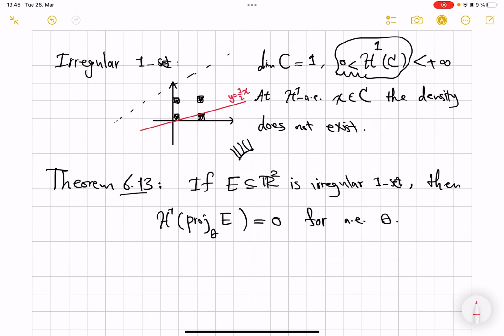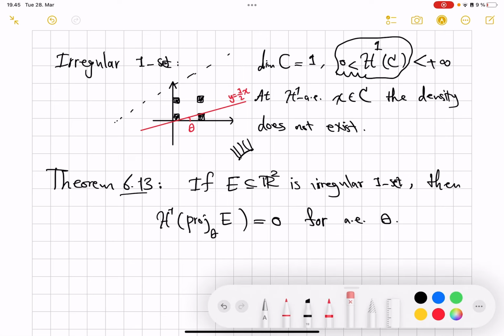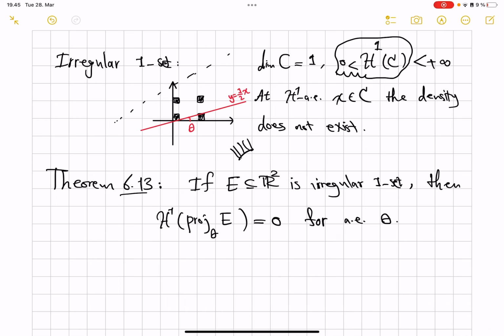So if you project in this particular theta direction, you actually see a full segment, so definitely positive measure, but that's again only one theta. I think there's another one, but other than that, for the rest of theta, it has 0 projection. So that is the dichotomy in dimension 1.